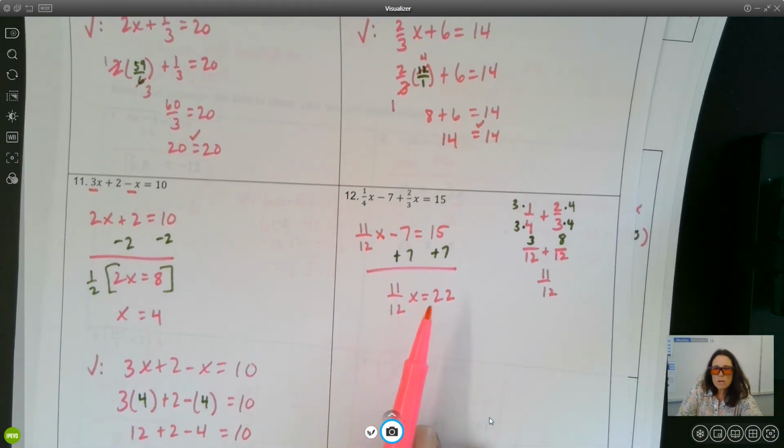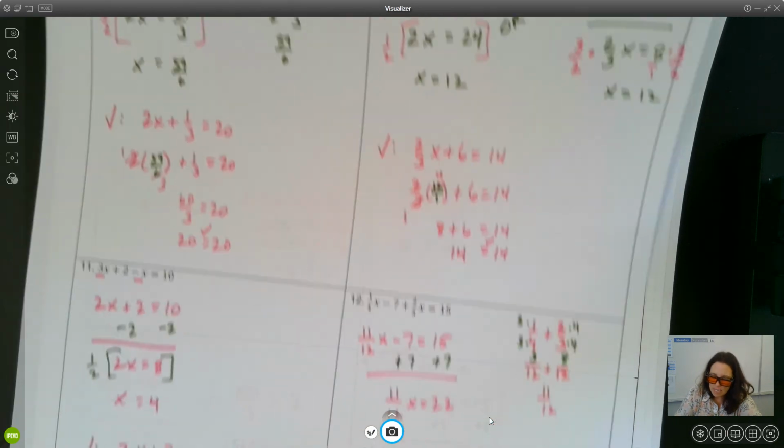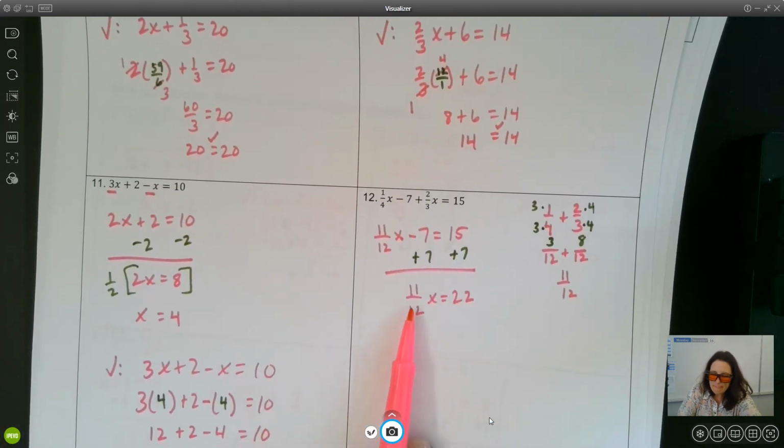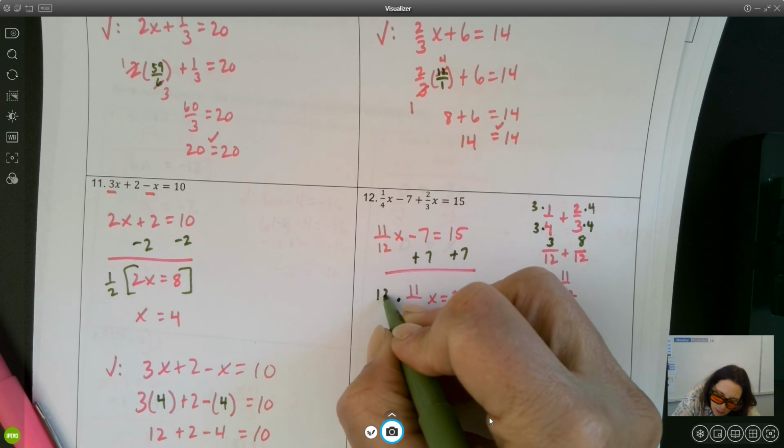Okay, I'm going to take that shortcut that I described up here. Don't I need to multiply by 12 and then divide by 11? The reciprocal of this? Couldn't I do that all at once?